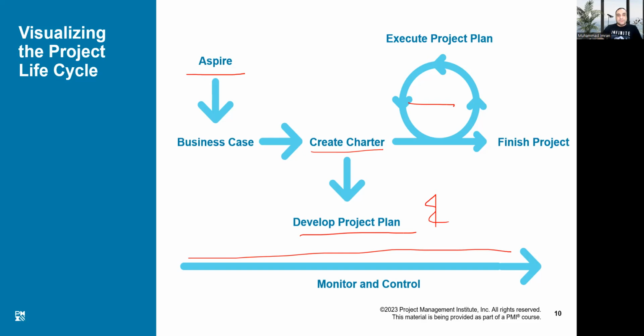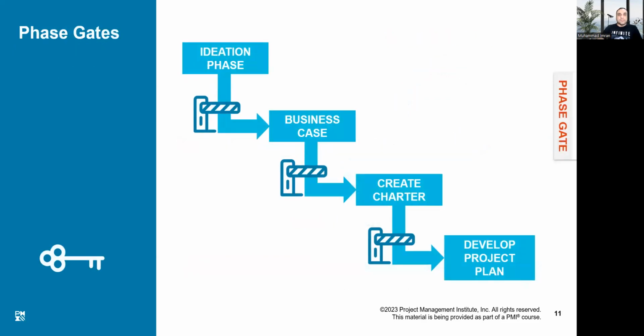Once we are working with these phases, to make sure we are spending in the right way and our business viability still exists, we always have to deploy phase gates. In predictive, we deploy the phase gate. What is a phase gate?